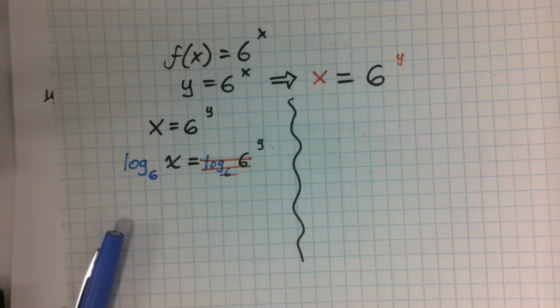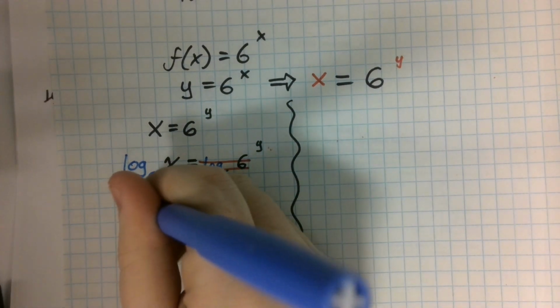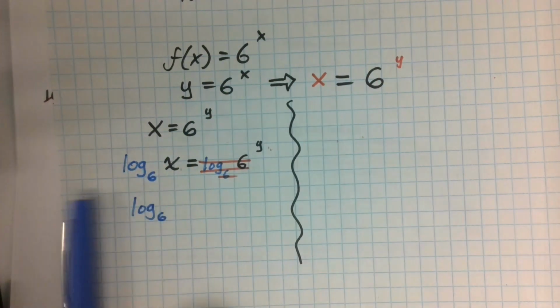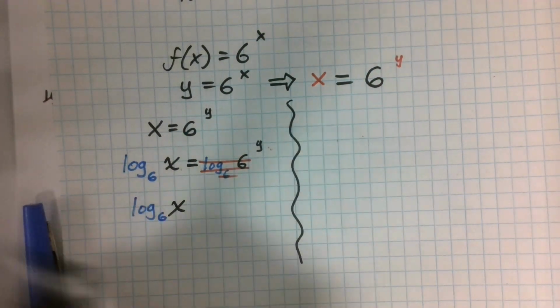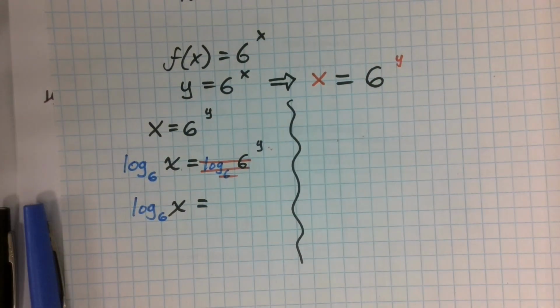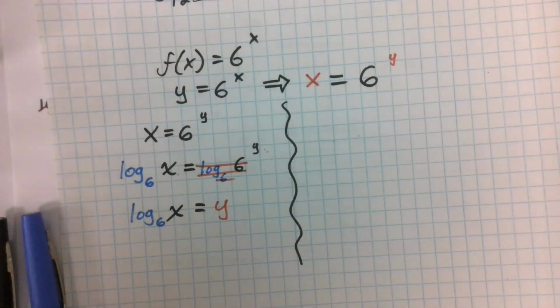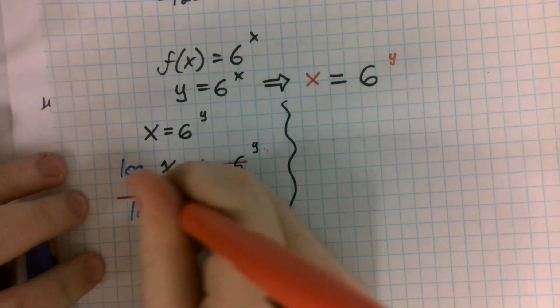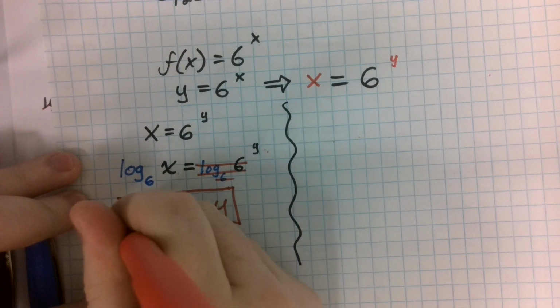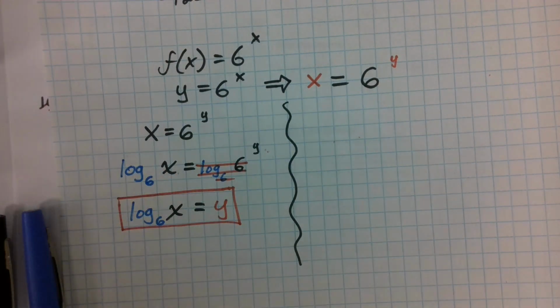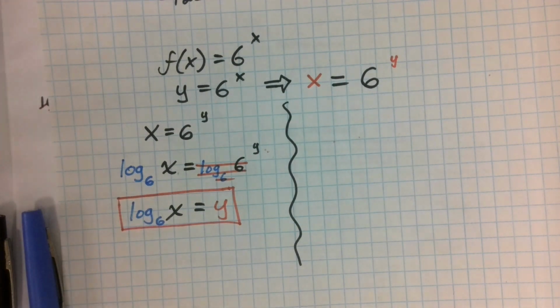We would just be left with the following statement. Log base 6 of x equals y. And y is by itself. So this is the inverse. The inverse of f of x equals 6 to the x is log base 6 of x equals y.